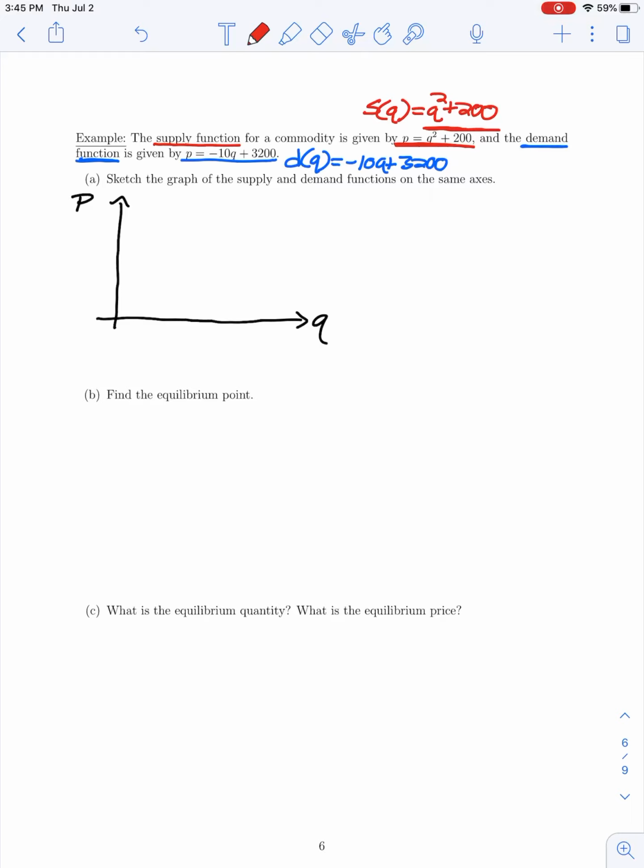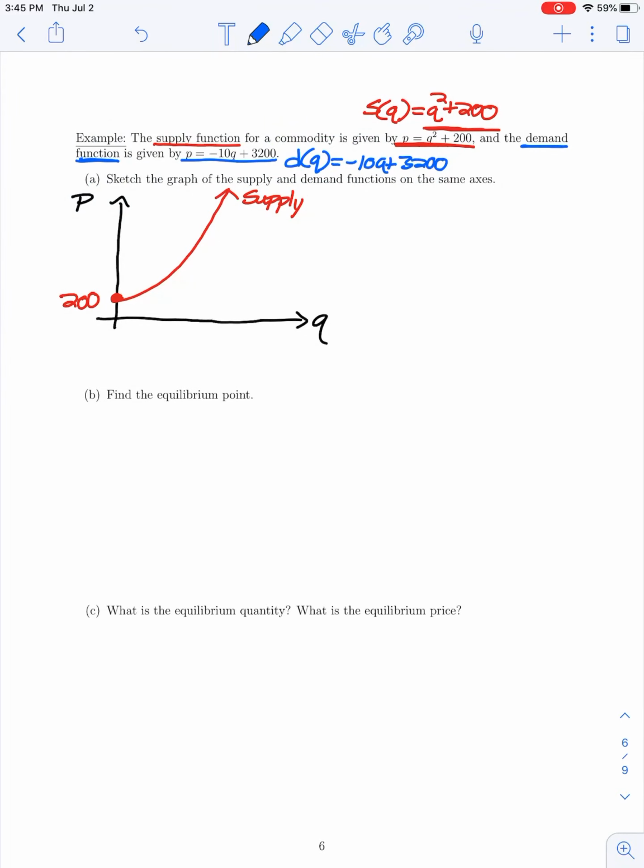When q is 0, the price p would be 200, and then we had a coefficient of q squared of 1, so this is an upward opening parabola. Looks something like this. So this would be our supply curve.